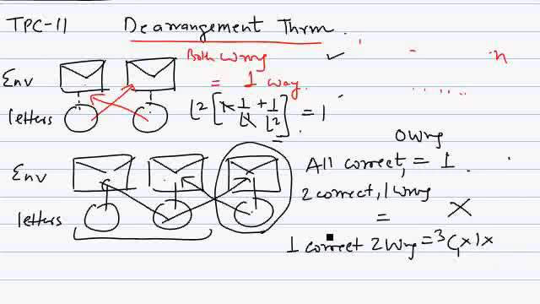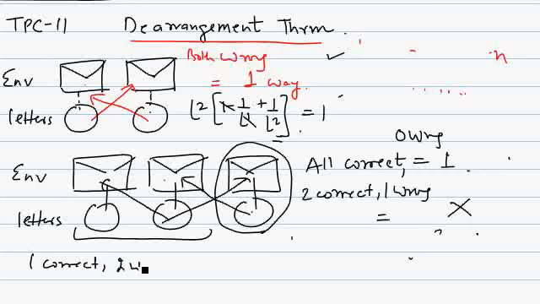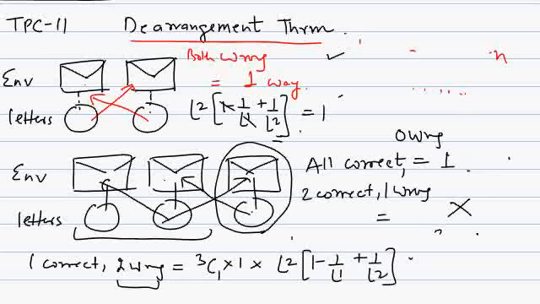So 1 correct, 2 wrong: we select the correct one out of 3, place it correct, and then two letters and two envelopes are left over, and we have to make sure both of them go wrong. 2 go wrong means both go wrong. We apply dearrangement, 2 factorial (1 minus 1 by 1 factorial plus 1 by 2 factorial), right?